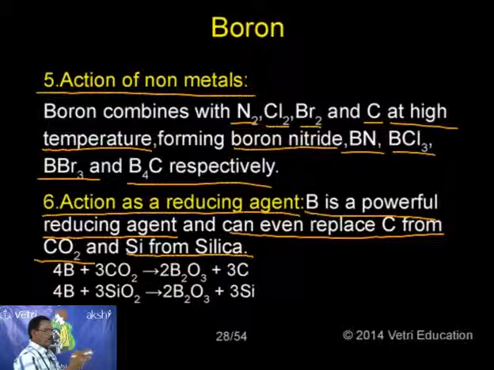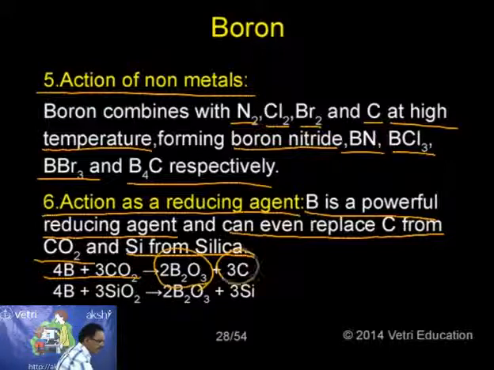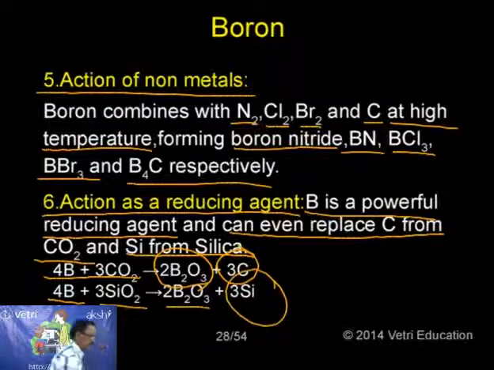See the reactions: 4 moles of boron react with 3 moles of carbon dioxide to produce 2B2O3, and carbon is replaced. In the same way, 4 moles of boron react with 3 moles of SiO2 to produce 2 moles of B2O3 and 3 moles of Si.